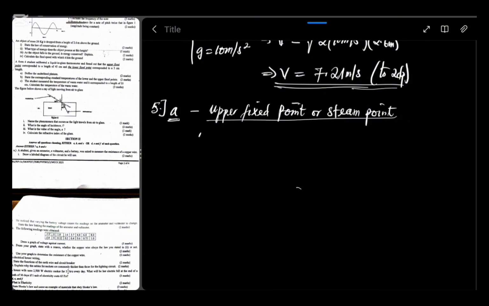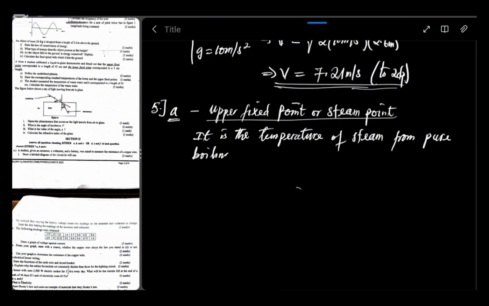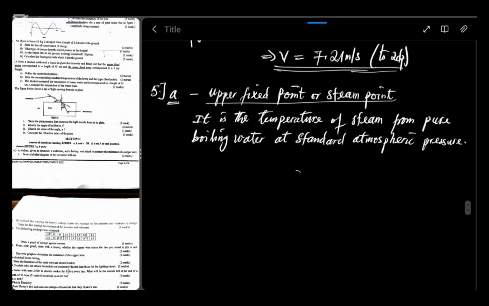It is the temperature of steam from pure boiling water at standard atmospheric pressure. That's it.